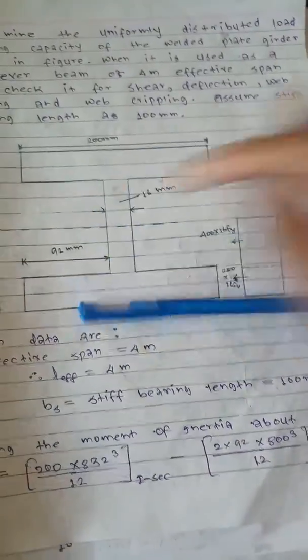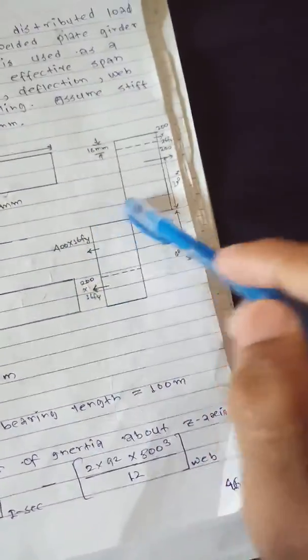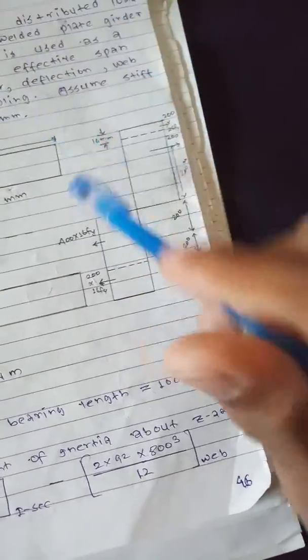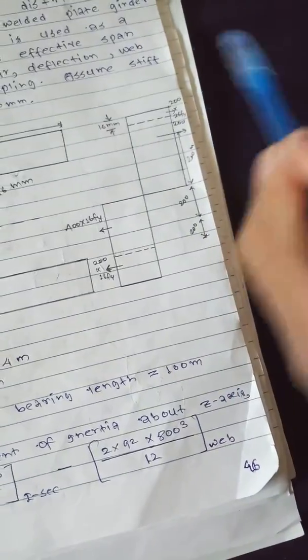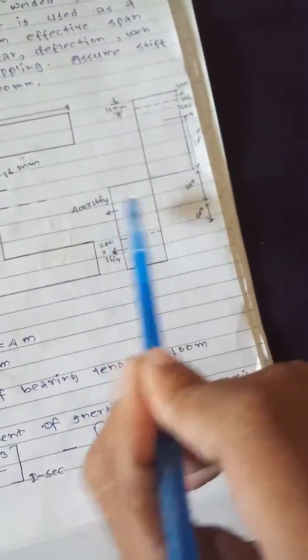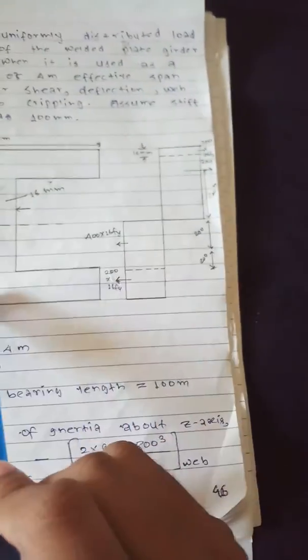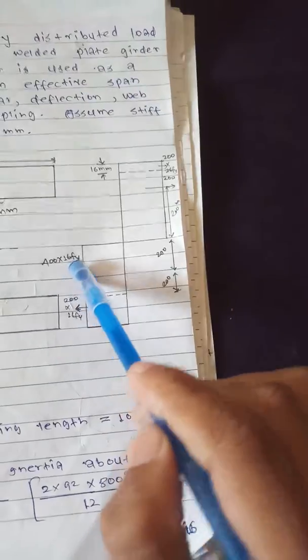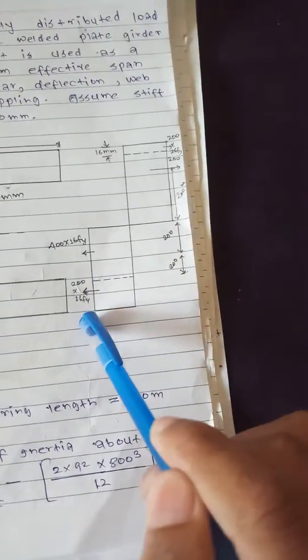Then this is twisted. Half portion is gone that side, and half portion is left this side. So here is also 400 into 16 Fy, and then 200 into 16 Fy.